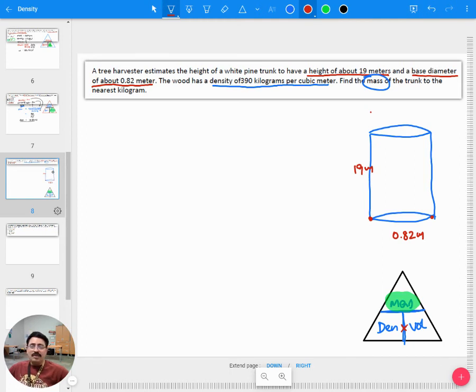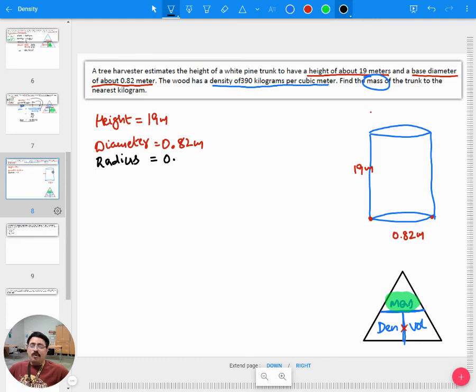So, let me copy the information again. I see that height of the trunk is given as 19 meters, and next diameter is given as 0.82 meters. The golden rule is always, always, always blindly find the radius, which is half of the diameter, right?